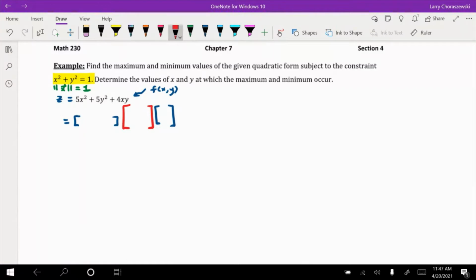All right, you guys ready? So x and y, and then remember the coefficients of the square terms go along the main diagonal, and then the coefficient of this cross term needs to be divided in half so that we can get a symmetric matrix.